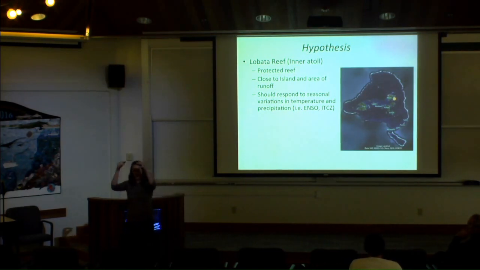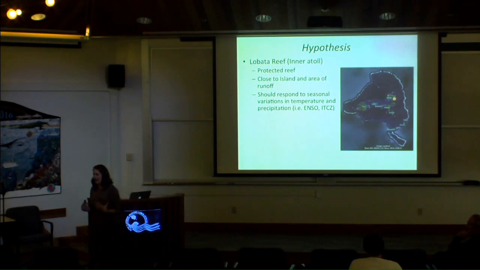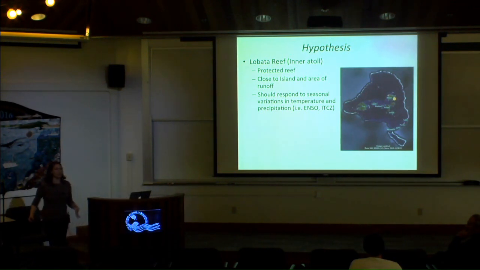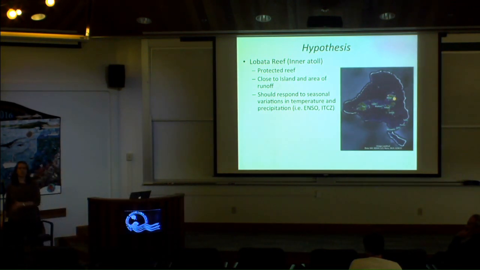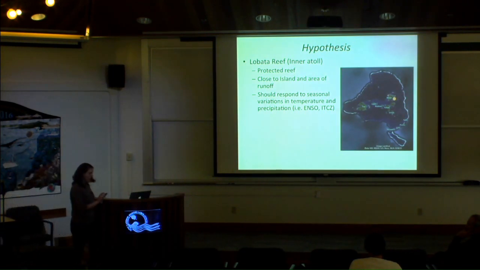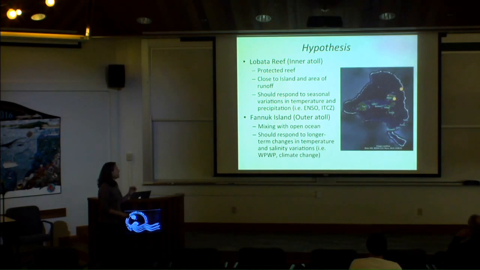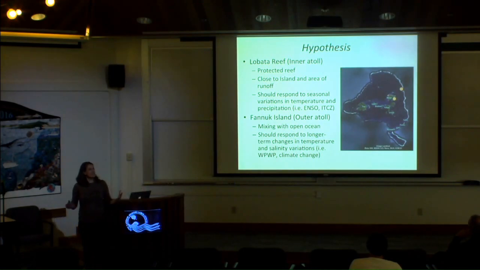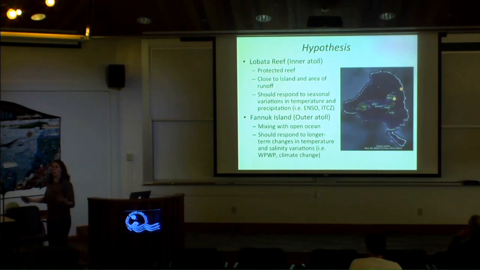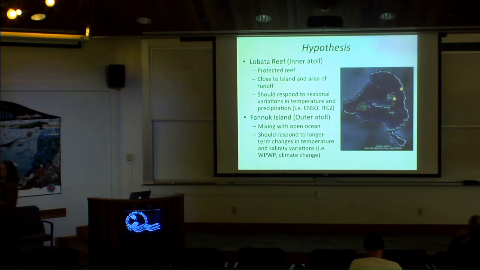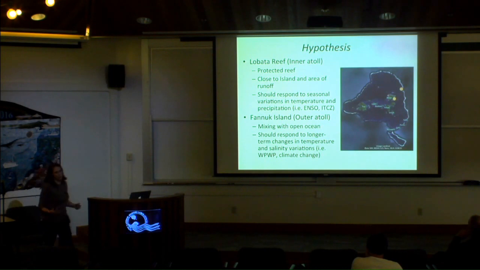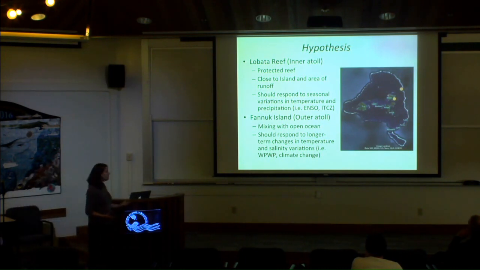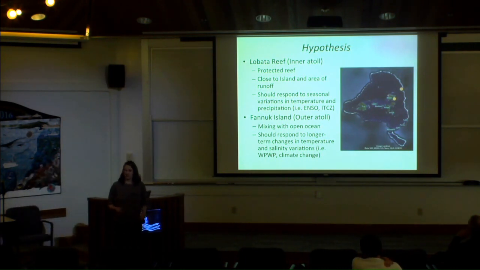If you have a lot of runoff, and this is a volcanic island, we should see a lot more change in salinity because of precipitation where it's close to this. Whereas the outer atoll should be much more representative of the open ocean, of the warm pool. So if you're getting these longer term changes of warming in the warm pool and freshening of the warm pool, that's what we expected to see.